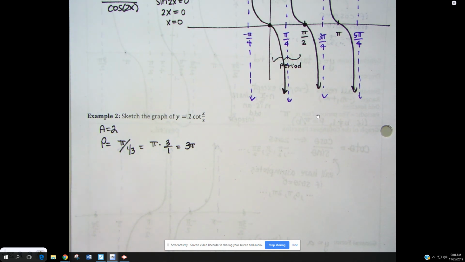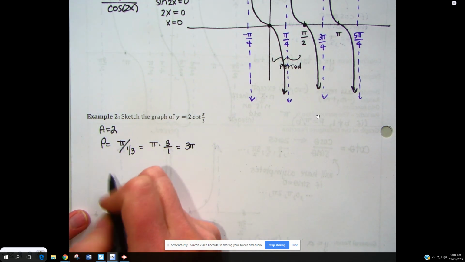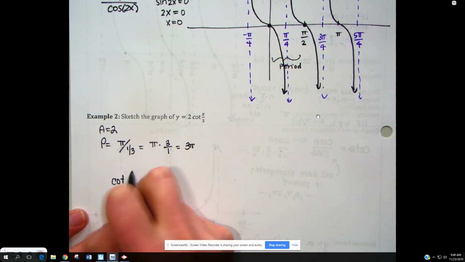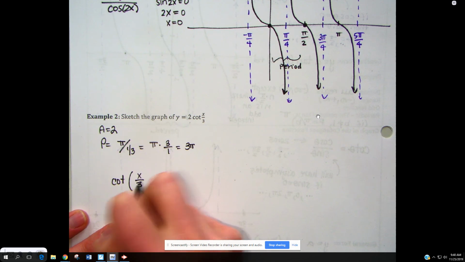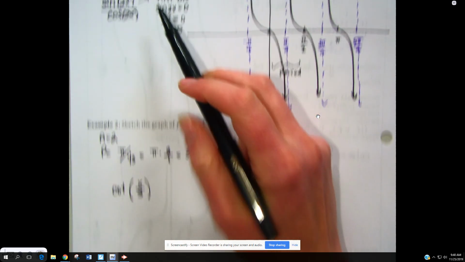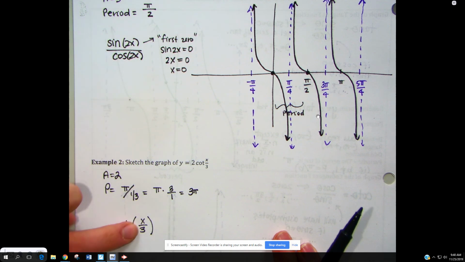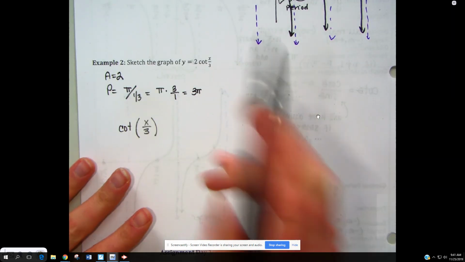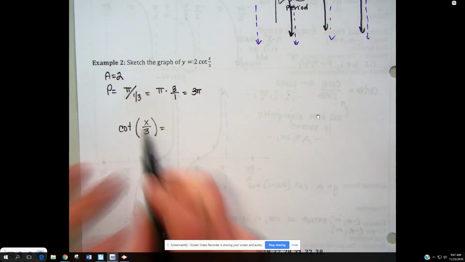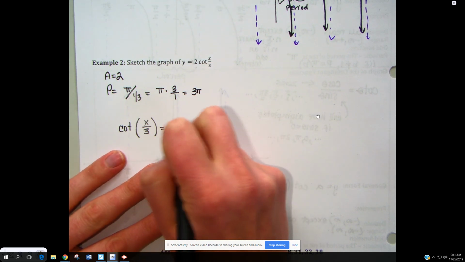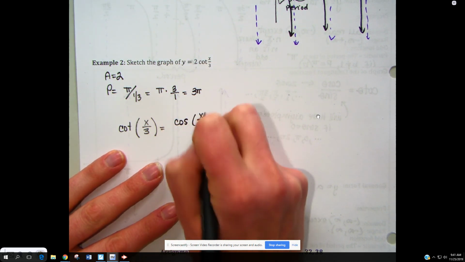And I usually just try to find myself a starting point. On this one, with the cotangent functions, I like to start with the sine function because it's easy to find the first zero. The first zero of a sine function is always 0, no matter what your angle is inside, whether it's a 2x or an x/3. So on this one, rather than finding the first 0, I'm going to think about finding the first asymptote.